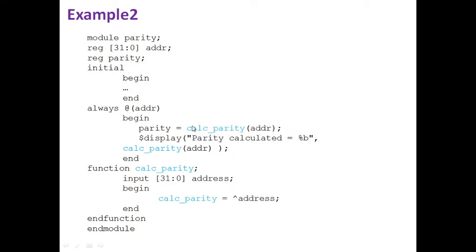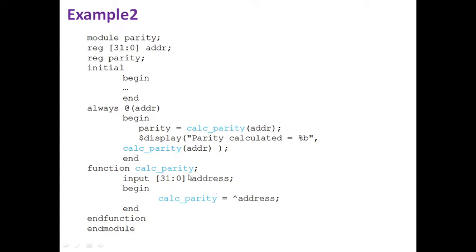Calc parity is a function name, and this function identifier I have used in the function definition or declaration. So can I call calc parity indirectly a register which is declared implicitly? I haven't used any exclusive declaration of its type, so it is declared as a register implicitly.